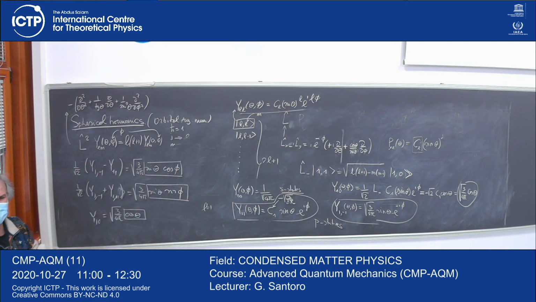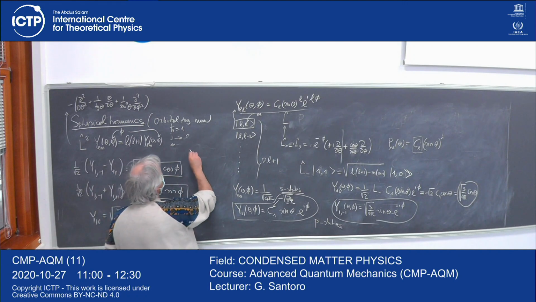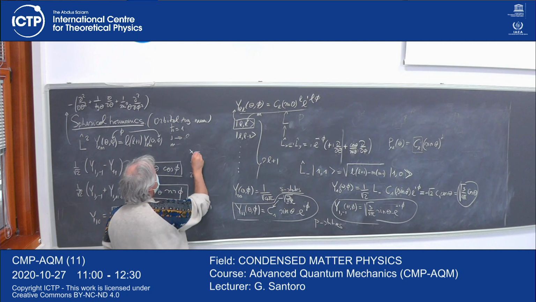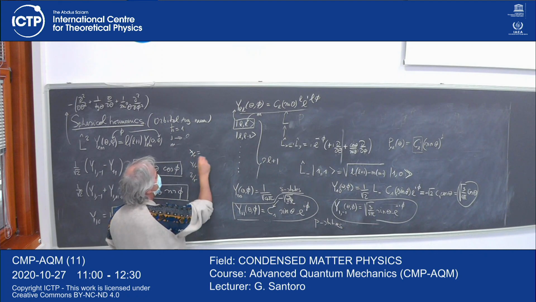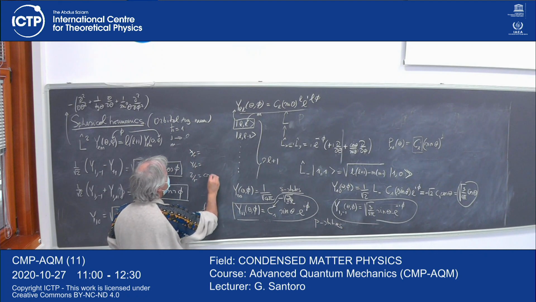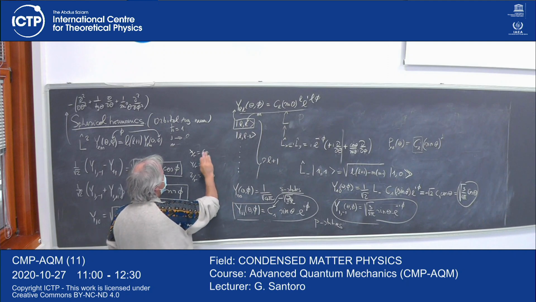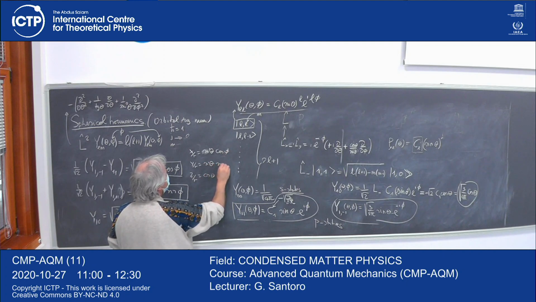Does this remind you of anything? Remember the rules for what x over r, y over r, z over r are. This is cos theta, this is sine theta cos phi, and this is sine theta sine phi.